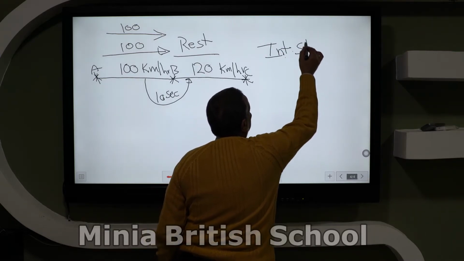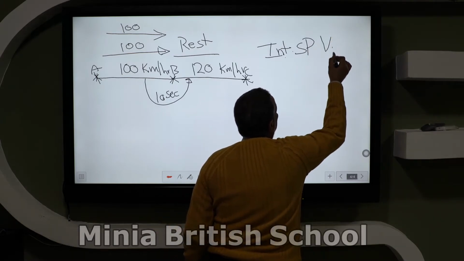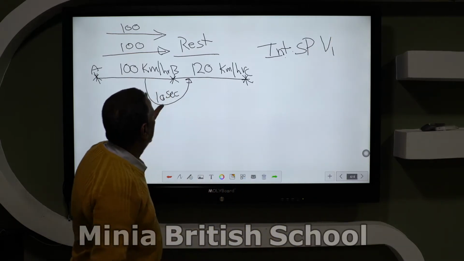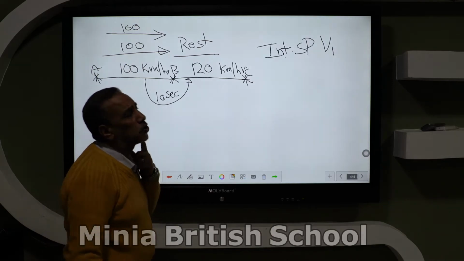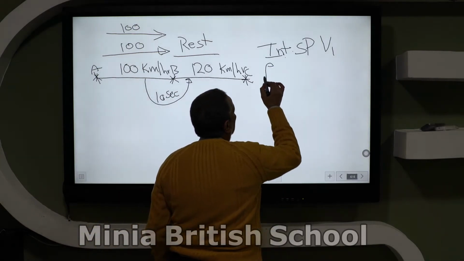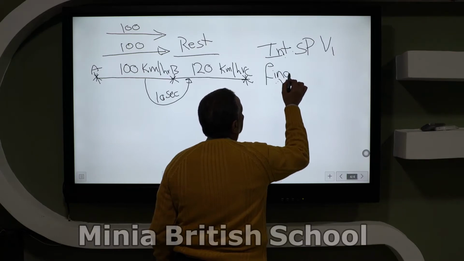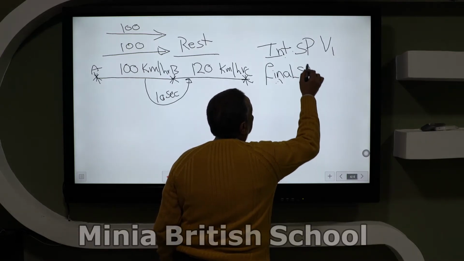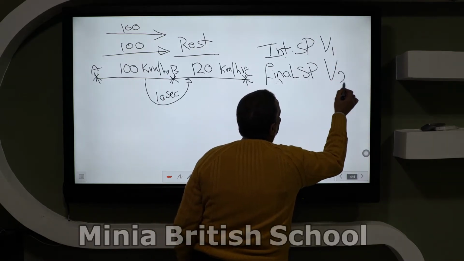Initial speed, which is called V1. And the ending speed, or the last one, is called the final speed, which is V2.